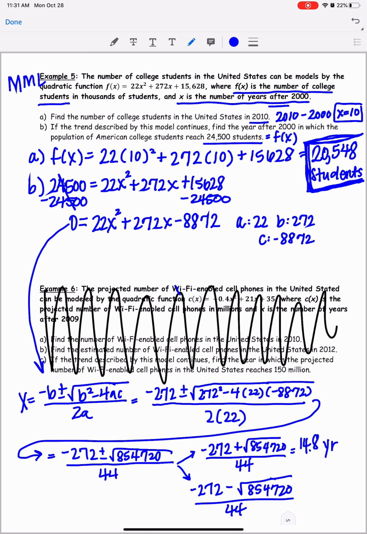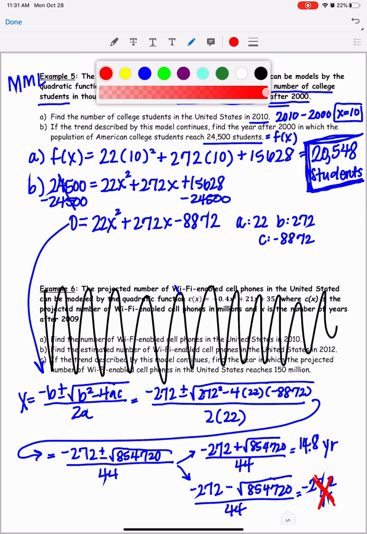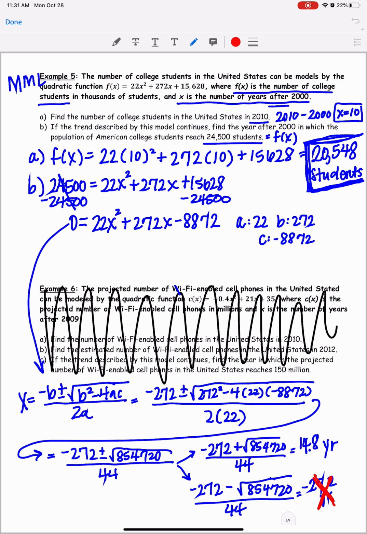Now I told you there's always going to be one positive, one negative. This is our answer. But I always like to check, and when you put this bottom one in here, you're going to get negative 27.2, and you can't have negative 27 years. So I know that that is wrong, and that I can cancel that one out. Now, just like before, you can't just say the answer is in 14.8 years.